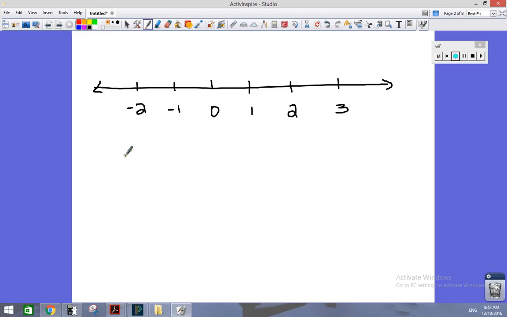One way that students can think of absolute value is the distance from the origin. So if we take the absolute value of negative 2, here's negative 2, and the distance from negative 2 to the origin is 2 units, and the absolute value of negative 2 is positive 2.